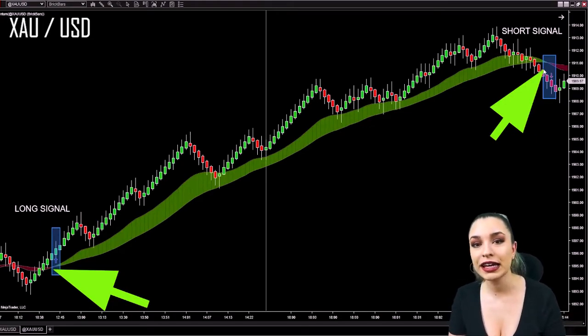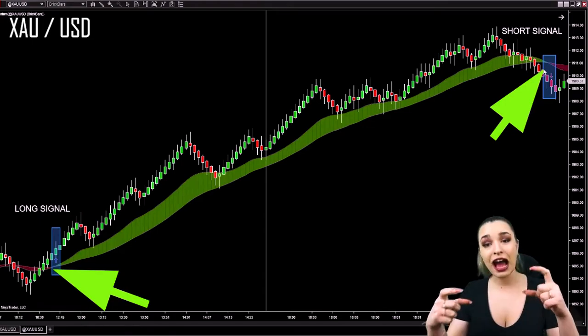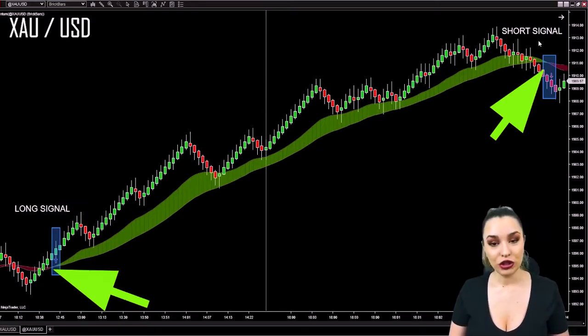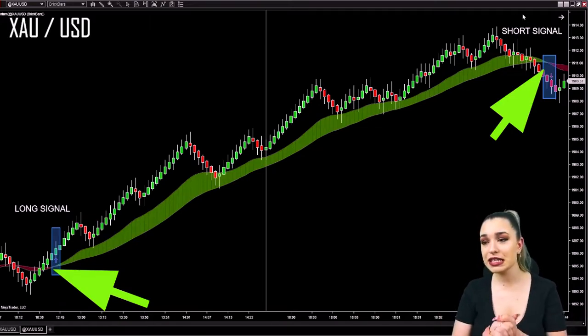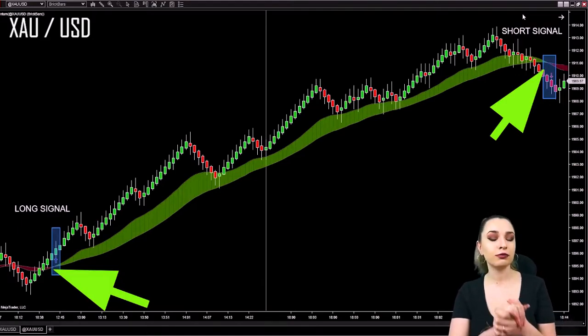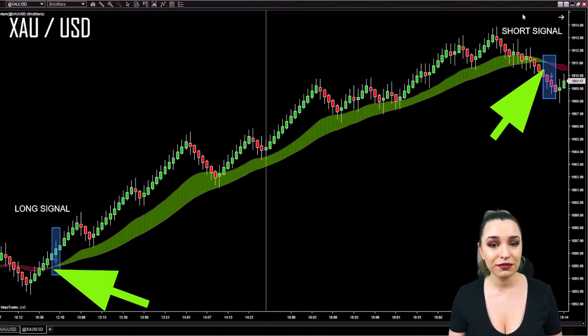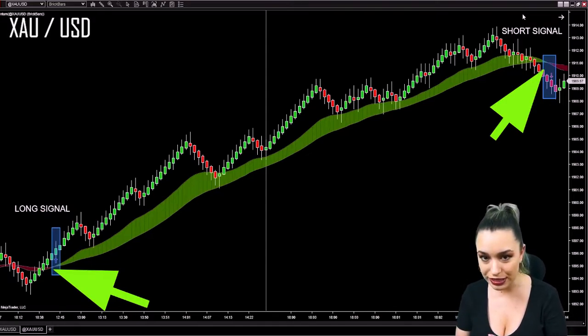Now, the short signal came up at a price of just around 1914, which gives us an amazing possibility of pips. If you do the math, of course, you would have somewhere around 22 points.